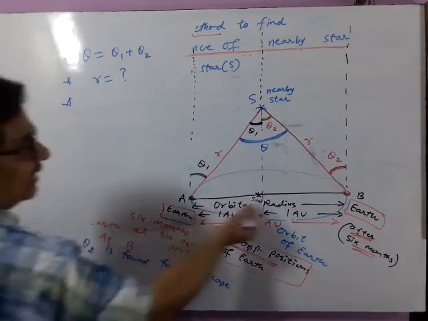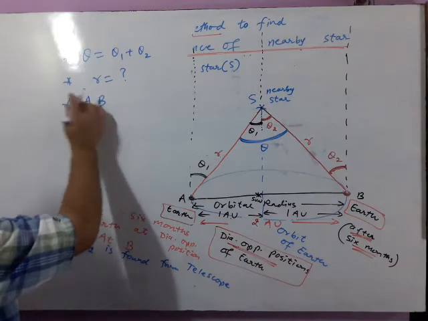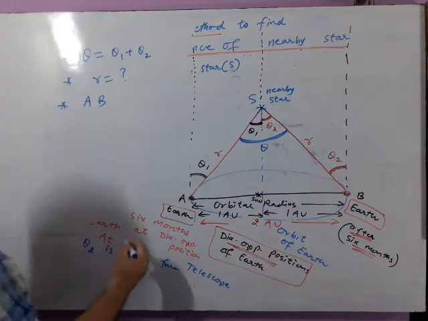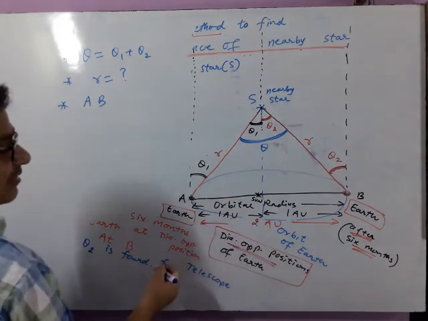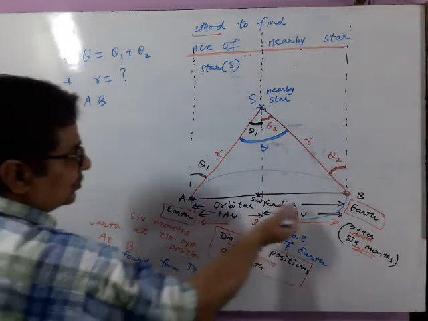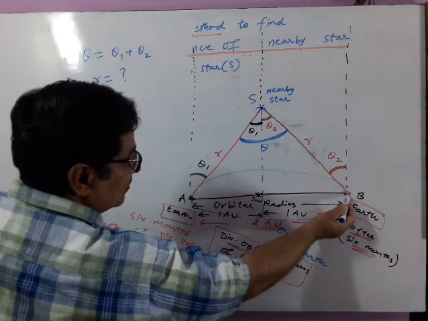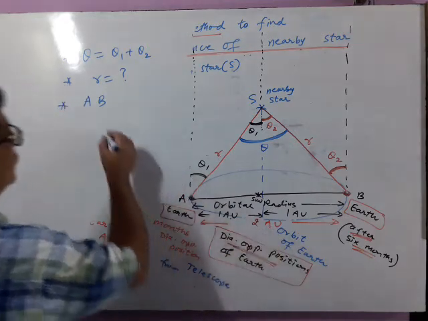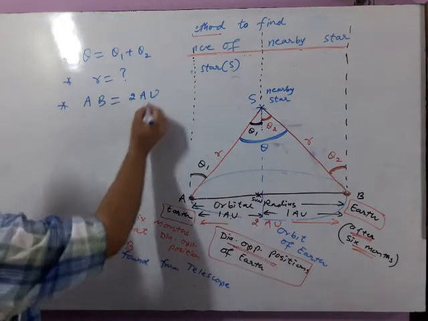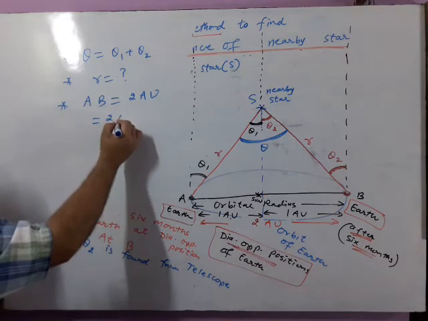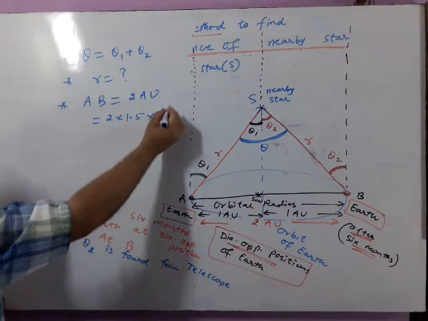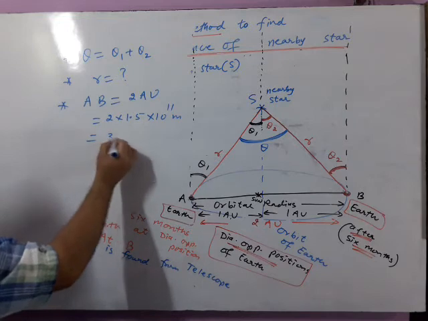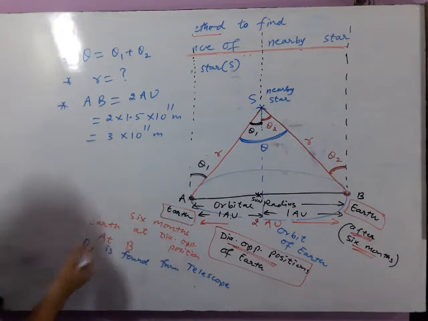And see AB. This AB is the orbital radius, the distance between two positions of Earth which are diametrically away. So 1 astronomical unit plus 1, it is 2. It is 2 astronomical units. You know astronomical unit is 1.5 into 10 raised to power 11 meter. It will become 3 into 10 raised to power 11 meter.